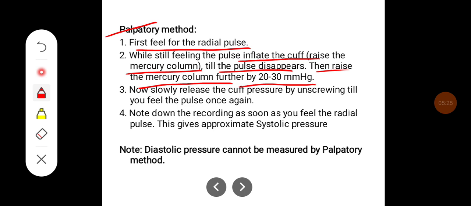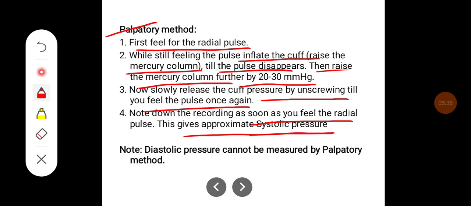Now slowly release the cuff pressure by unscrewing till you feel the pulse once again. Note down the recording as soon as you feel the radial pulse, and this gives the approximate systolic blood pressure. Note that the diastolic blood pressure cannot be measured with palpatory method.